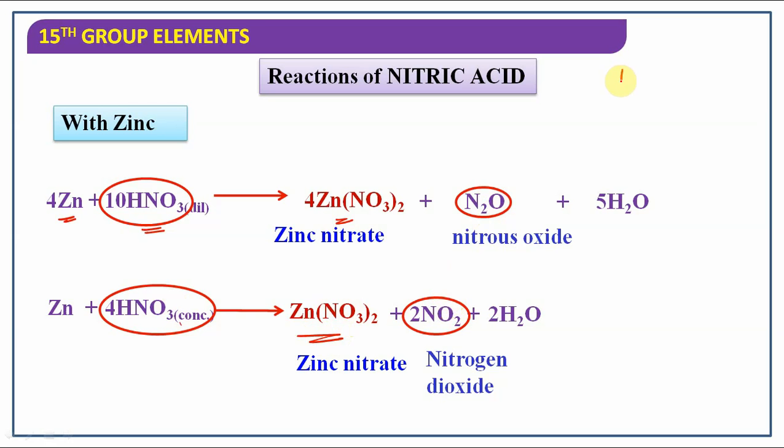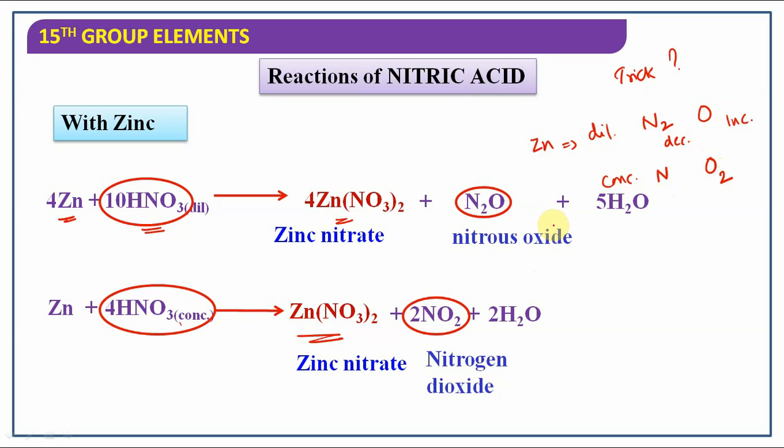So what is the trick here? With zinc, the oxygen number increases while the nitrogen number decreases. With dilute HNO3 it is N2, with concentrated HNO3 N1 only. Dilute HNO3 gives O1 only, but concentrated HNO3 gives NO2. That is how you have to remember.